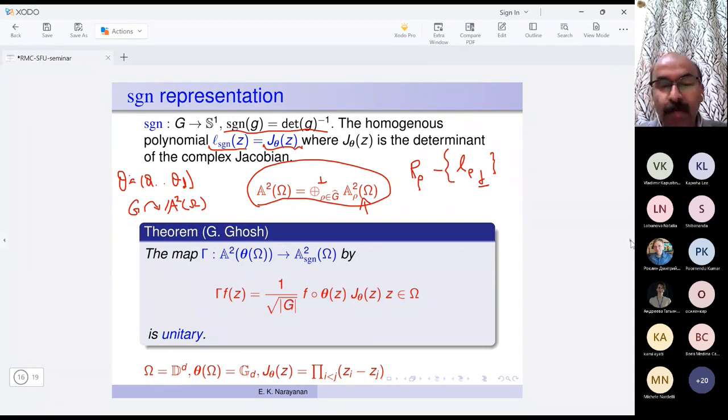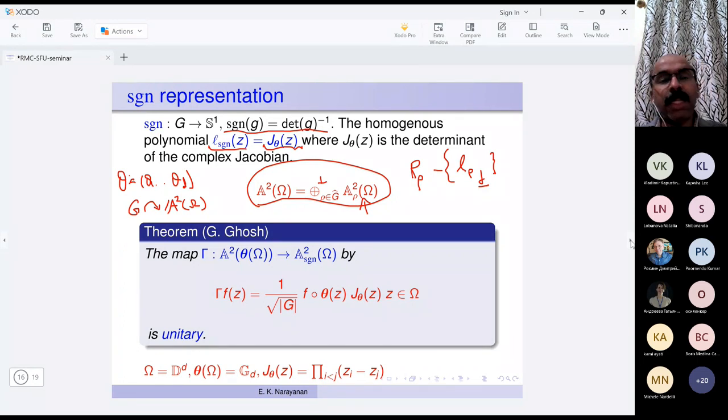It is the collection of holomorphic functions in A2 omega which transform according to the representation rho, right? So A2 omega decomposes into these orthogonal pieces. There are only finitely many, so you have finitely many pieces like this.